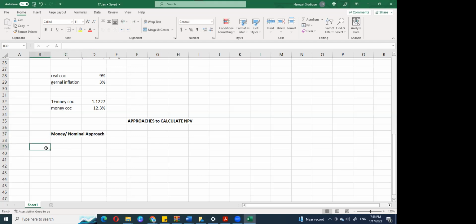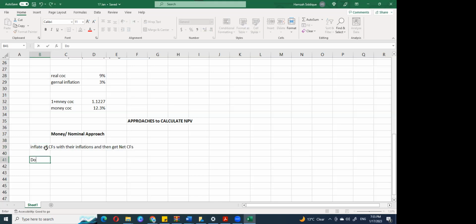First, inflate all cash flows with their specific inflation and then get net cash flows.